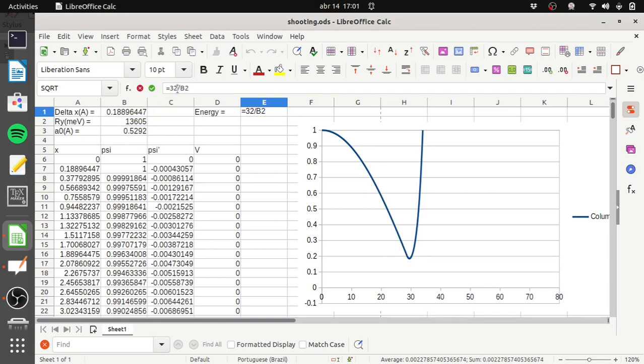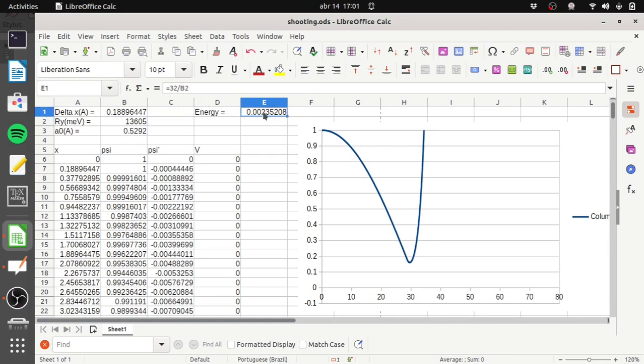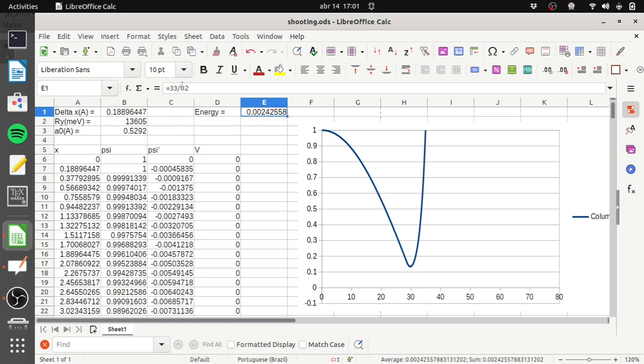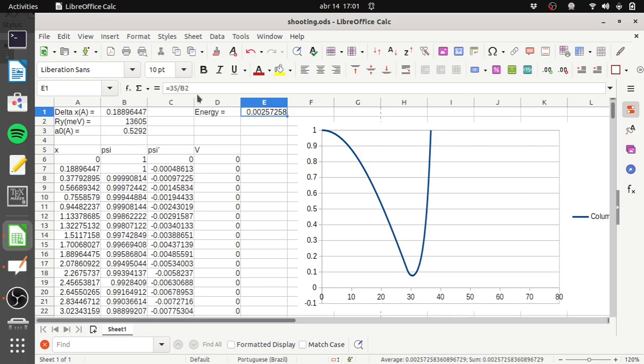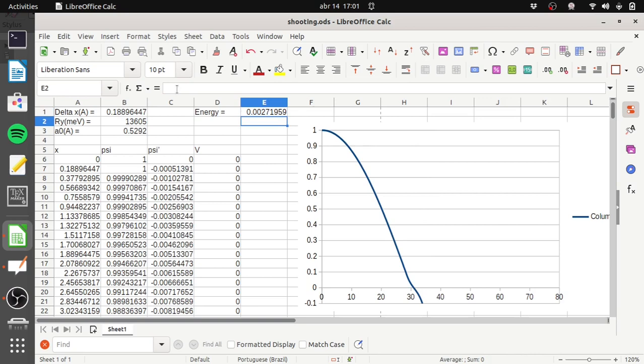Then 32. It's getting better. 33. Better. Let's try already 35. Yeah, it's getting better and better, right? Let's try now 37. Then it's too much. So it's between 35 and 37, right? Let's try then 36.